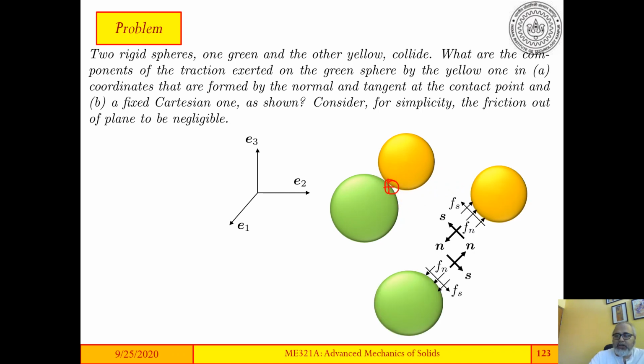And if you draw the free body diagrams of this, then the yellow ball exerts some kind of normal force, and due to friction in the S direction, there's a friction force here. So I take a coordinate system which is N and S, and I concentrate on the green sphere.